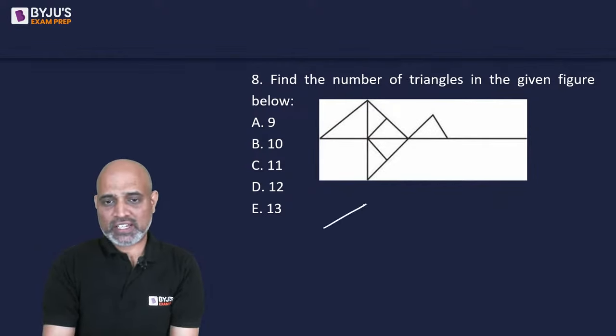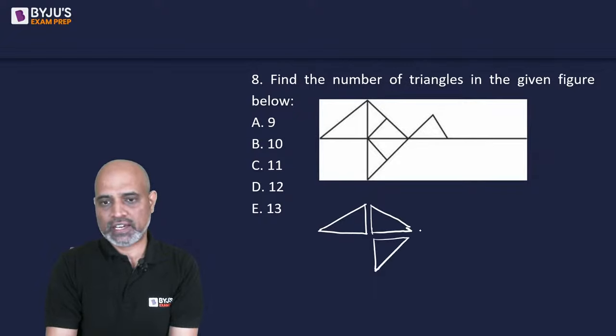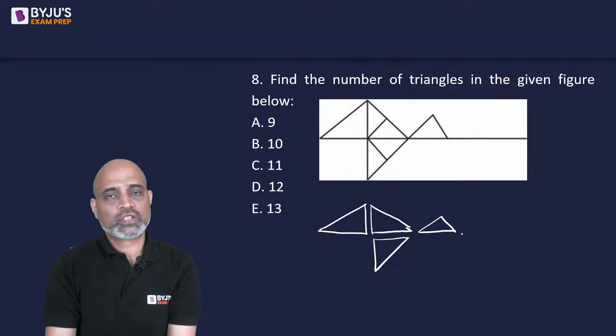So the first triangle is this particular triangle, right? The next triangle is this triangle. I'm calculating the small parts, okay? The next one is this, and then we have one more this side. So we have 4 so far.